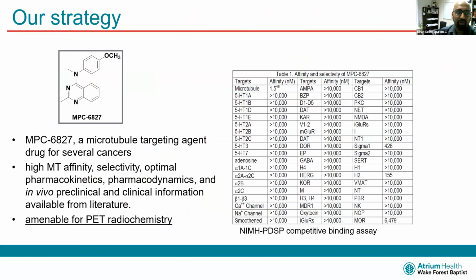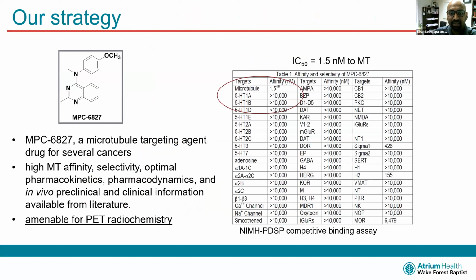On that quest, we found this compound, MPC6827, a microtubule targeting agent used for several cancers. It has very high microtubule affinity, 1.4 nanomolar, ideal pharmacokinetics, and most importantly, clinical information is already available.